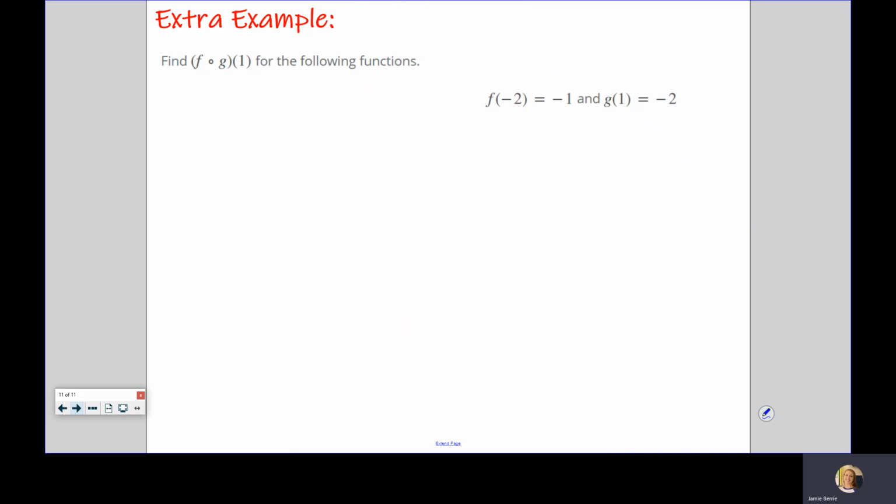This one's actually probably even easier than our last one. It just looks different. So find f composed with g of 1 for the following functions, and it tells us that f of negative 2 equals negative 1, and g of 1 is equal to negative 2.